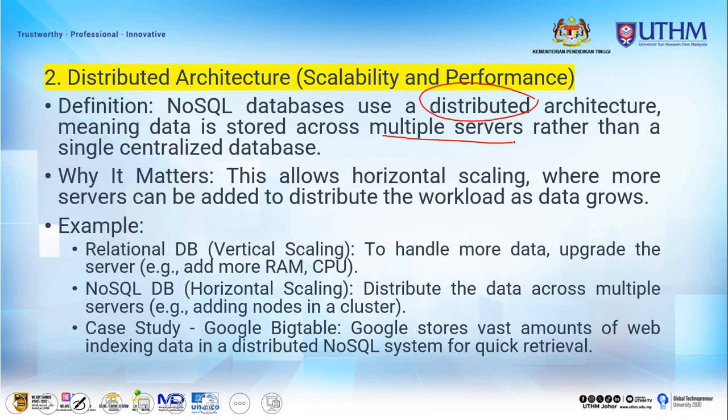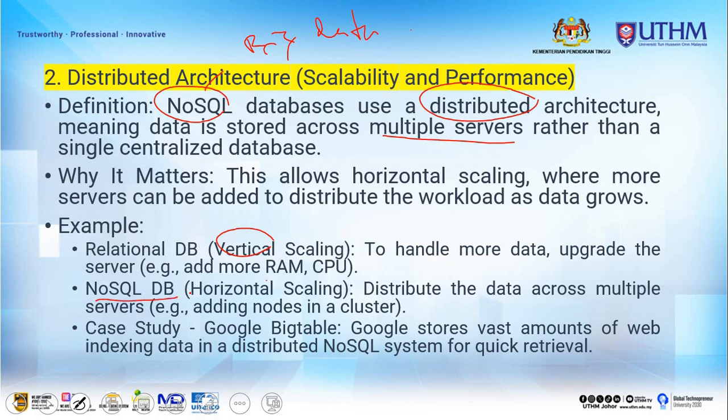This is because NoSQL is actually working with big data, and you know the meaning of big data, right? The volume of data is too large. It's very huge, huge enough that we can't deal with it using normal SQL, so they came out with a new solution called NoSQL. So, example: relational databases are more on vertical scaling.